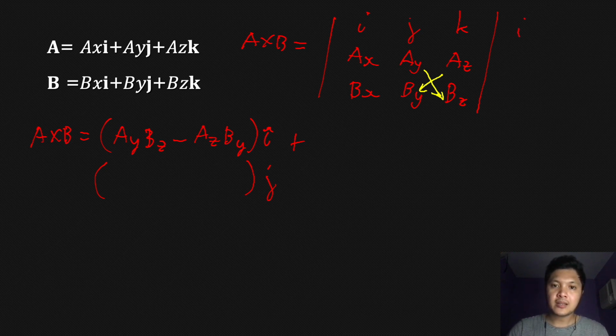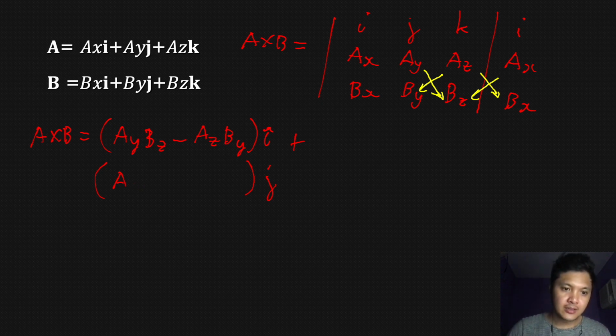I just write I here, and then Ax, and then Bx, and then it would be easier for me to do AzBx minus AxBz. So let's try that. AzBx minus AxBz.